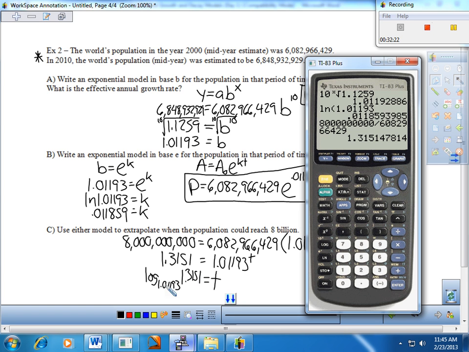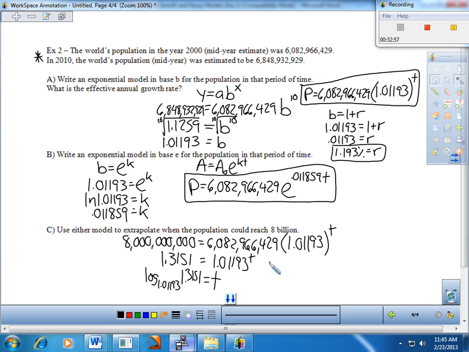So log of the answer divided by log of 1.01193, and we've got a winner. So in about 23.1 years, the population can expect to reach 8 billion.